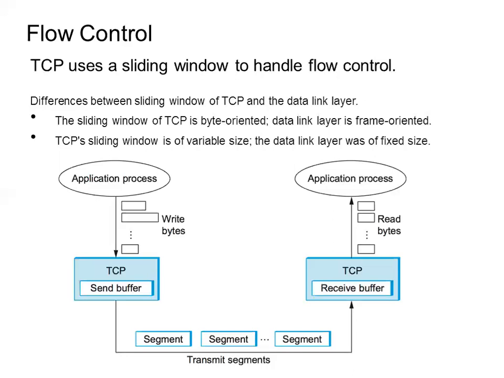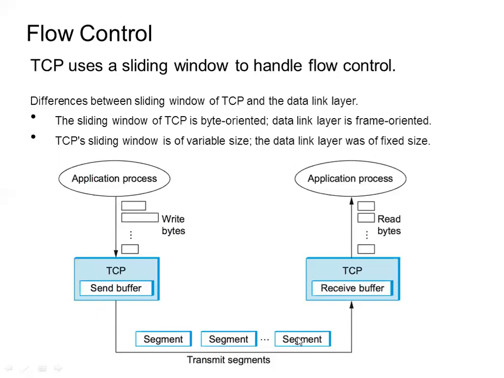Now you can see here in this diagram, the application program will be generating the bytes in TCP, and that will be given to the TCP, which is going to store it in the buffer. And this TCP will be taking the bytes from the buffer and taking the set of bytes, it is going to construct the segment.